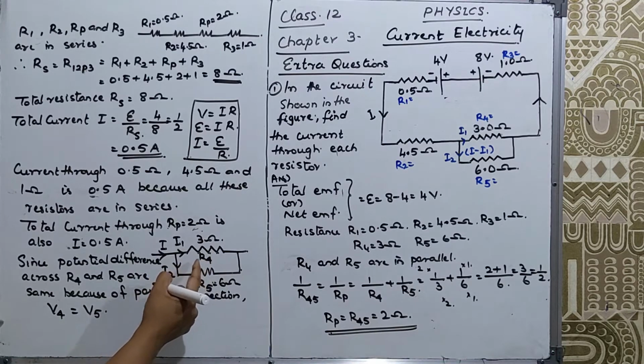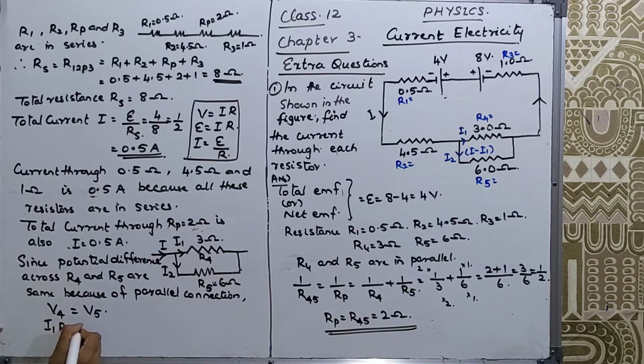So what is V? Potential difference, V equal to IR. So I1 into R4 is equal to I2 into R5.